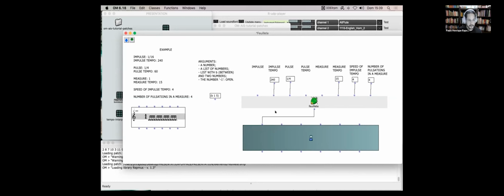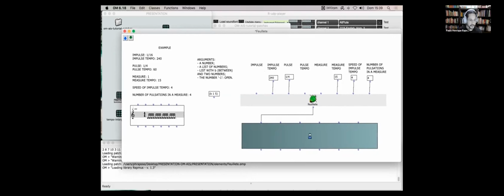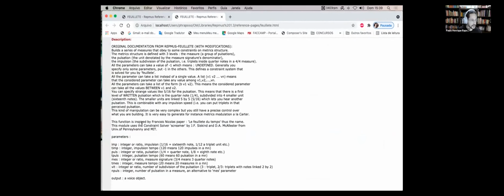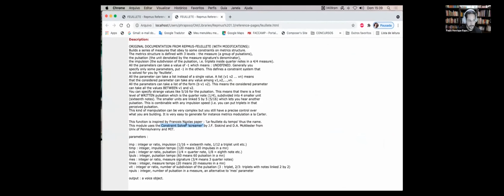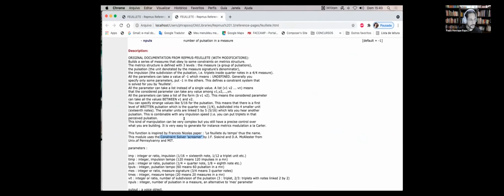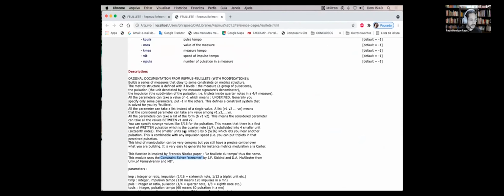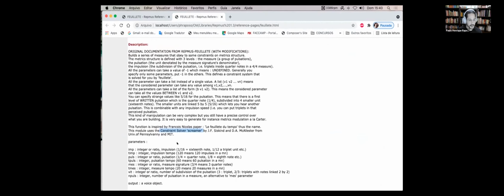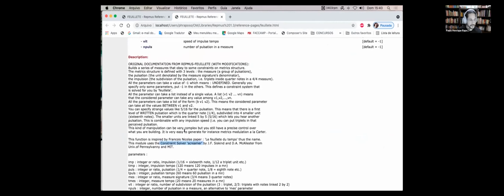So it will calculate all possibilities with this constraint. One interesting thing about this is that it was constructed using the constraint solver, the Screamer, which is a Lisp library, and it's pretty much the same thing that OMCS does.